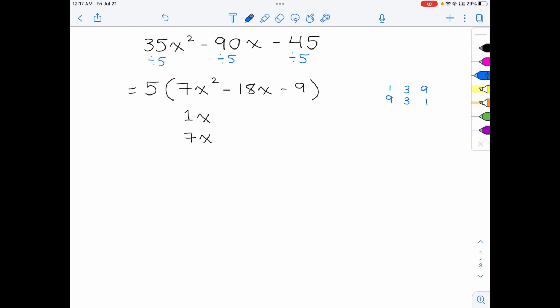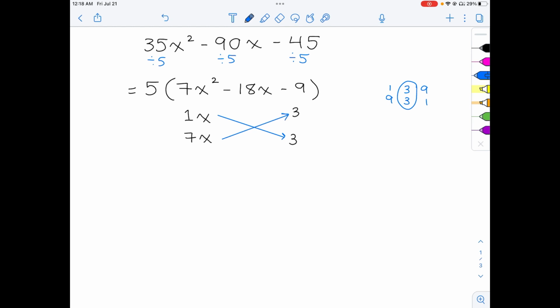Okay, so I'm going to try 3 and 3 first to see if it works. Spoiler alert, I know it works. It's okay if you try 1 and 9 or 9 and 1 first and it doesn't work. Just for the sake of time, I'm going to show you with 3 and 3. Okay, so I'm going to write 3 here, and I'm drawing my crisscross.